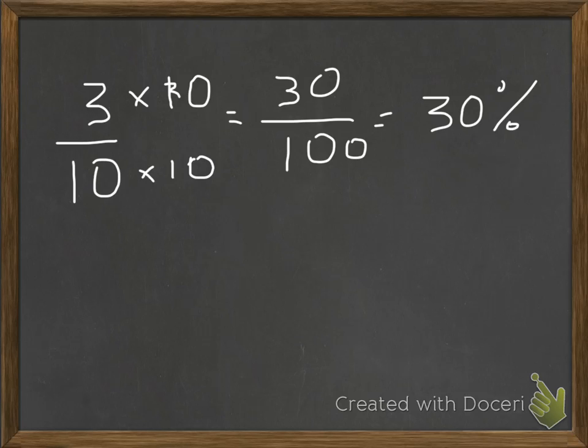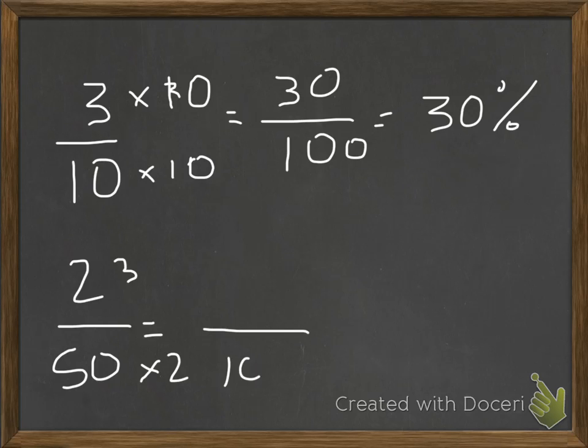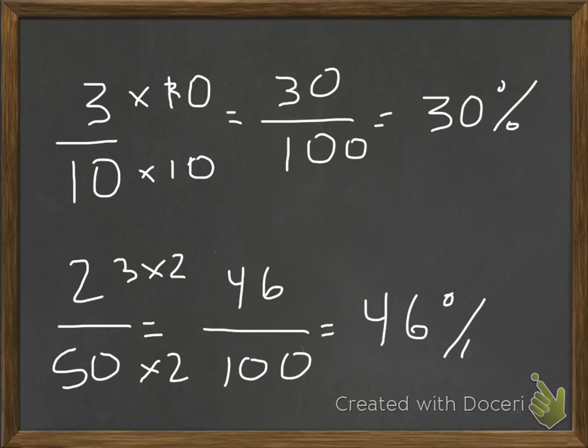Let's try 23 over 50. I can change 50 into 100 by multiplying it by 2 to get 100. And 23 times 2 is 46. So my answer is 46%.